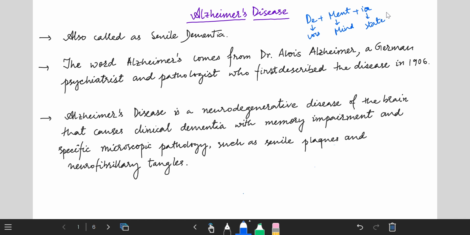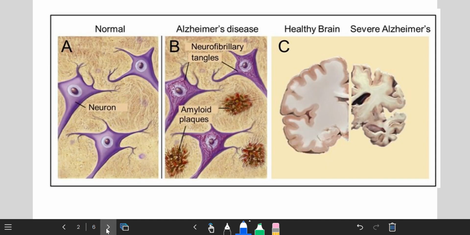As a result, there will be tau aggregation, which shows the impairment of the axons. An interesting fact is that in about 2000 BC, the ancient Egyptians were already aware that memory declines with age.